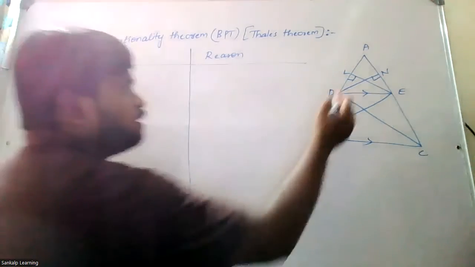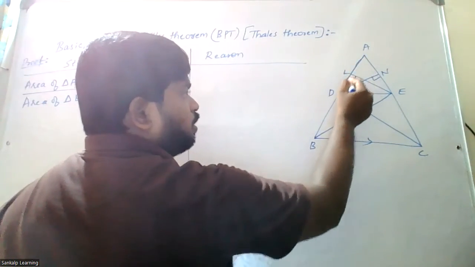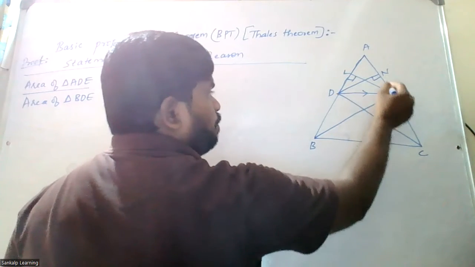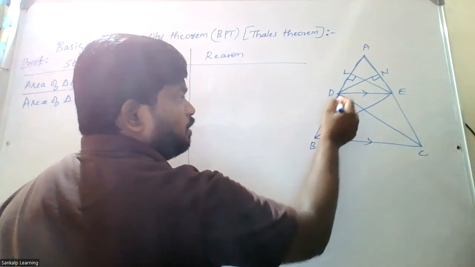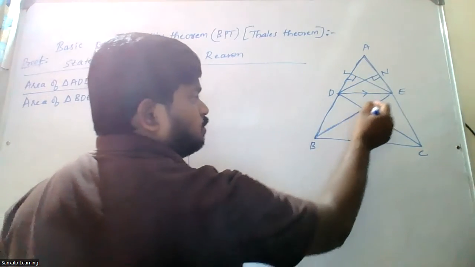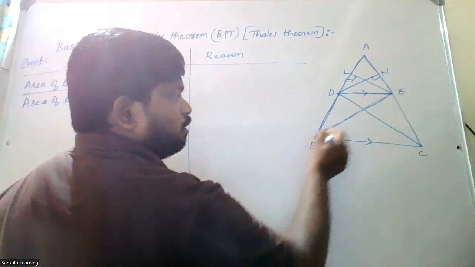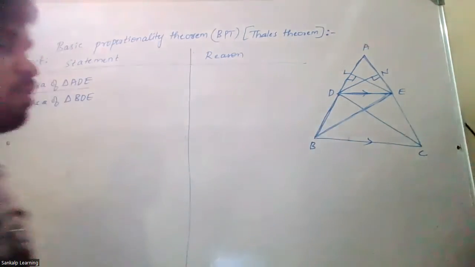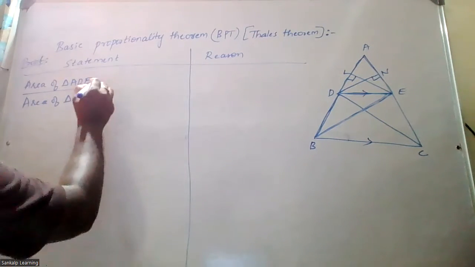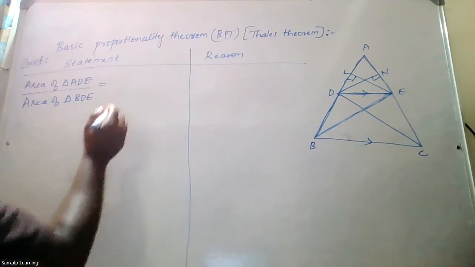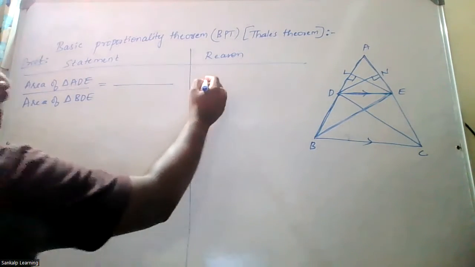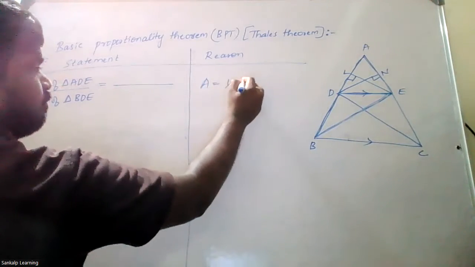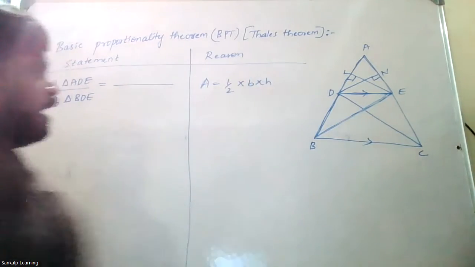That is, I'll trace it out. This triangle which is on the top and the other triangle here. Okay, let's find the areas of these two triangles. So area of triangle ADE by area of triangle BDE. So what is area of a triangle? Area of a triangle is given by half into base into height, isn't it?